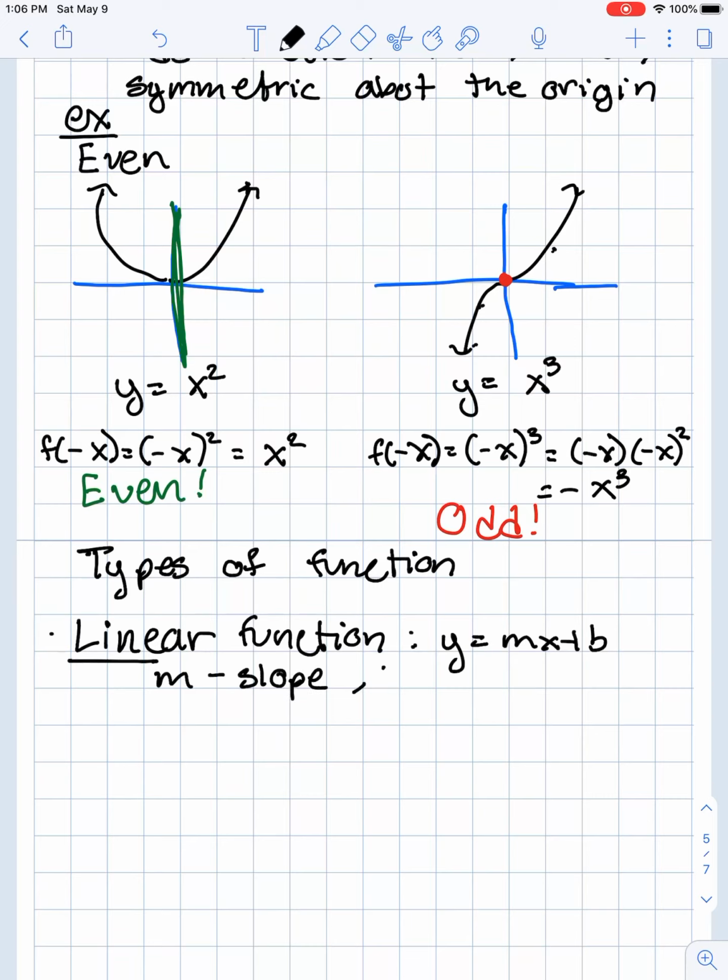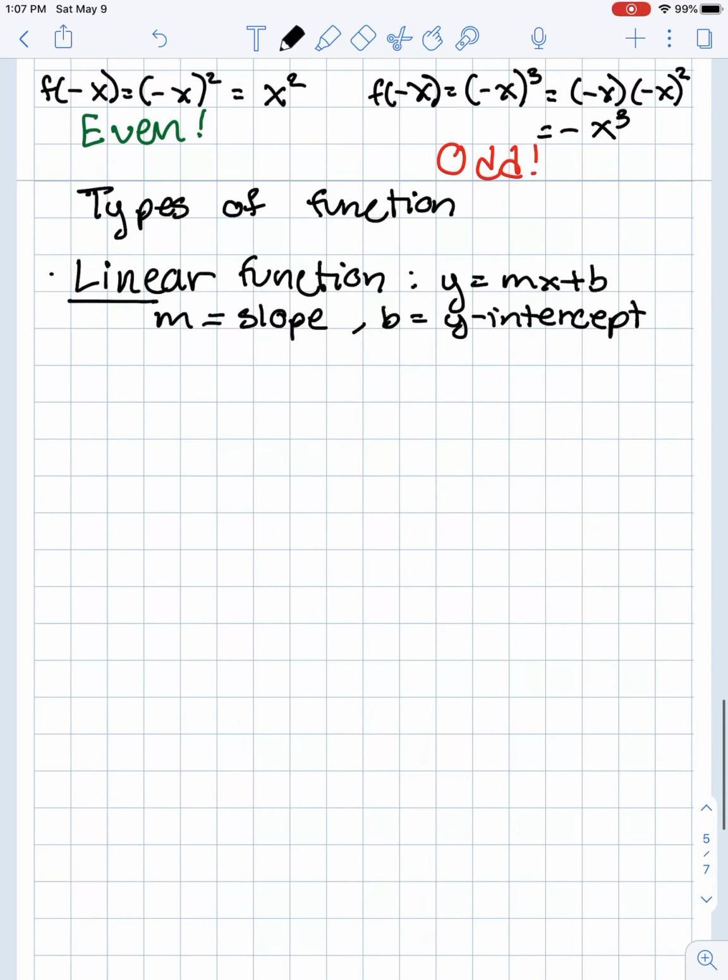M, we always denote as the slope. B, we say, is the y-intercept. There's also different ways of writing a line. You can also write this in like slope point form, but I like y equals mx plus b. Has a soft spot in my heart.